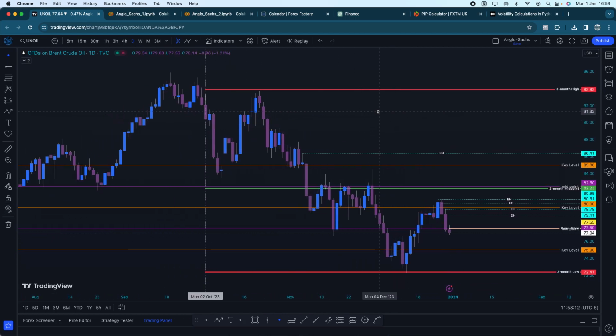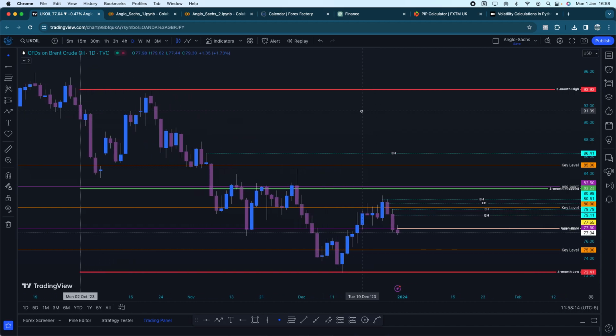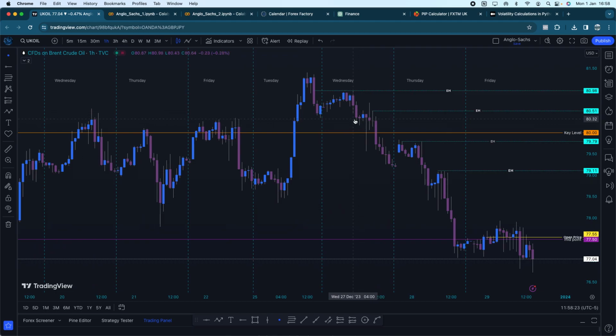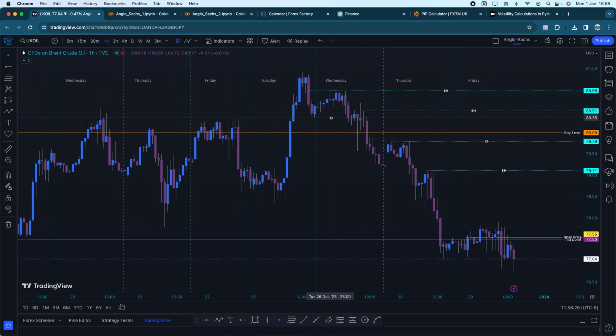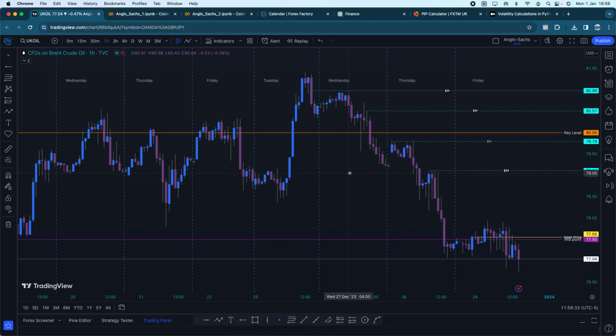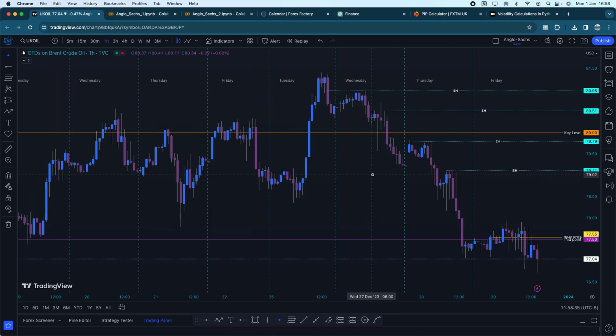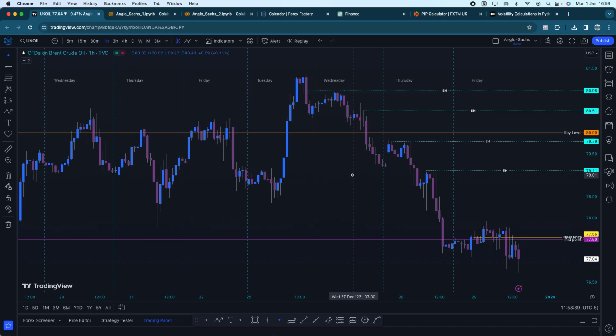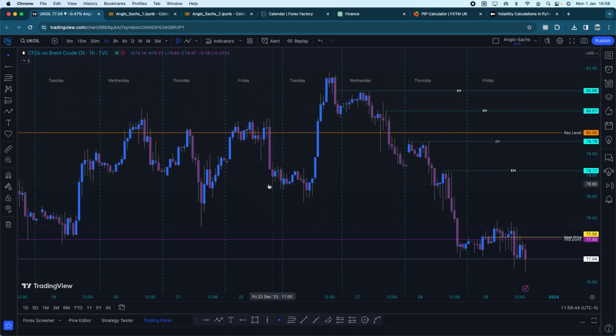And then I'm going to jump down into a smaller time frame, an hourly time frame, and have a look at what happened over the Christmas period, what I was anticipating going into it, so that we can understand exactly what I was looking for, and what to expect now that we're in 2024 in terms of future price movements on this instrument.